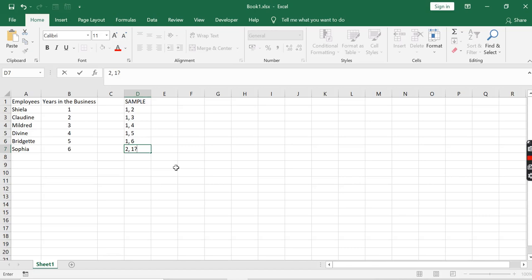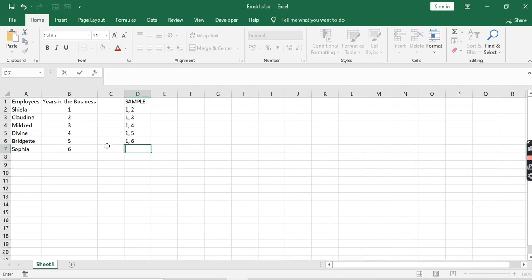Ask yourself, should we? Alright, it's no. Okay? Since we are talking about combination, 2, 1 is always the same as 1, 2. Since in combination, the order does not matter. So 2, 1, we already have that here in our sample column, and that is 1, 2. Okay, that's why I did not pair 2 with 1.